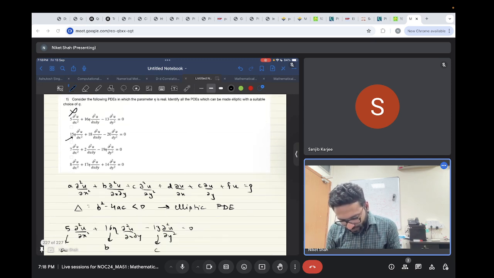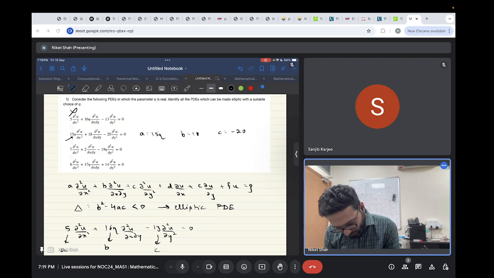Similarly, for the second one, A is equal to 15 eta, B is equal to 18, C is equal to minus 20. Again, B square minus 4AC is equal to 324 plus 1200 eta, and this has to be less than 0.